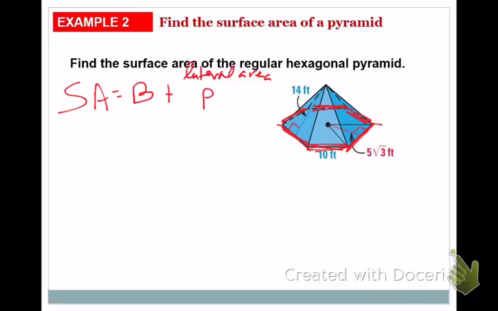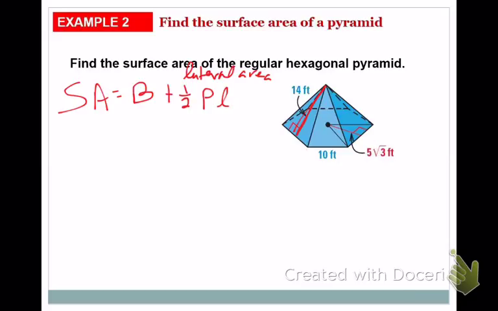So we're going to throw a big P in there for the perimeter of the base. But it goes into the area formula of a triangle. And so the lateral area ends up being 1/2 times the perimeter of the base times the slant height, because again, the lateral faces are triangles, and we have to have the height of the triangle.